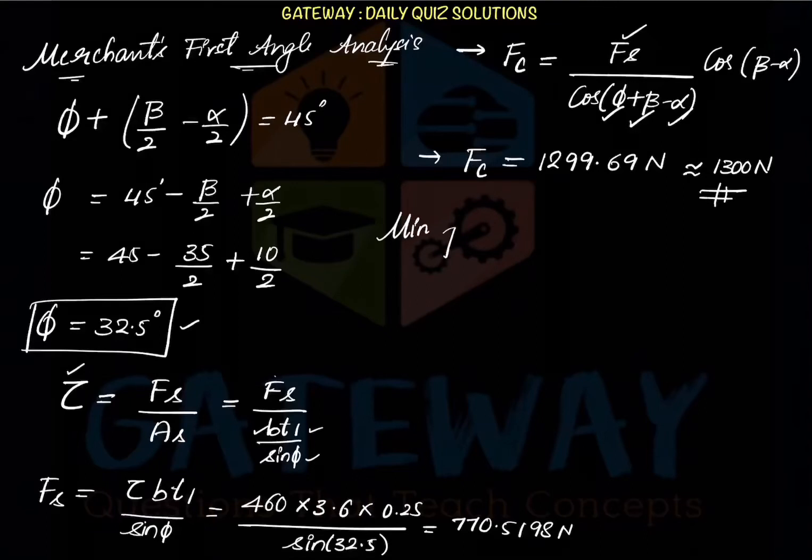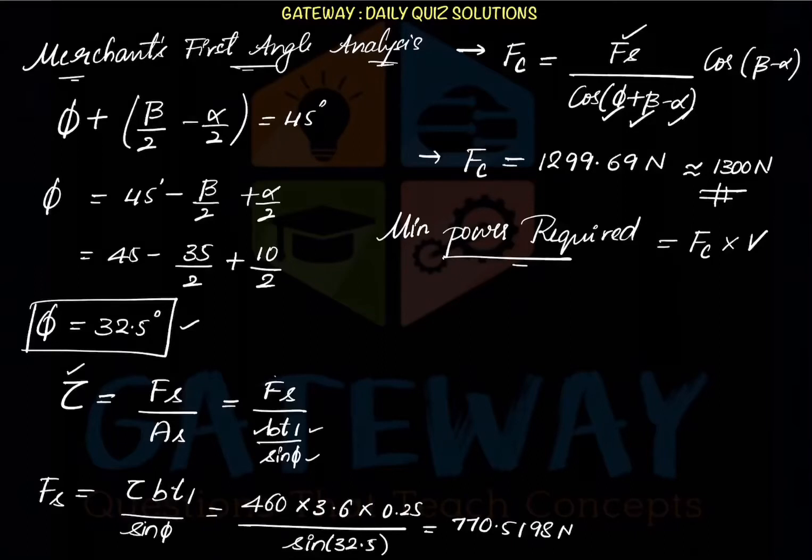And now we will calculate the minimum power required. We know the power required is force into velocity. Nothing but the force is your cutting force and the velocity is the cutting velocity. Generally we denote it by capital V instead of making a subscript C, because C we will be making subscript for chip velocity. To avoid that confusion, we will be making a capital V here. In our question the capital V was given and Fc was known, 1300 newtons.